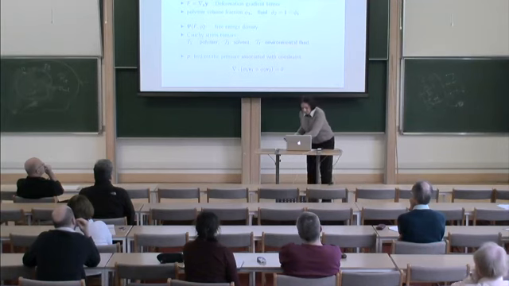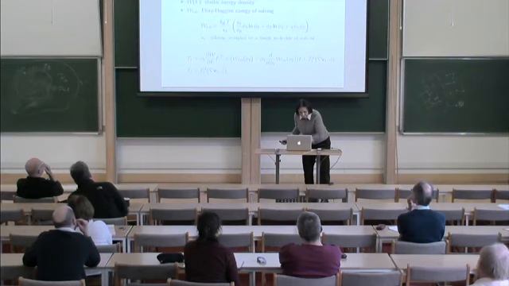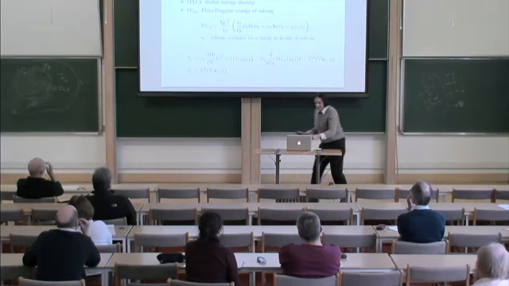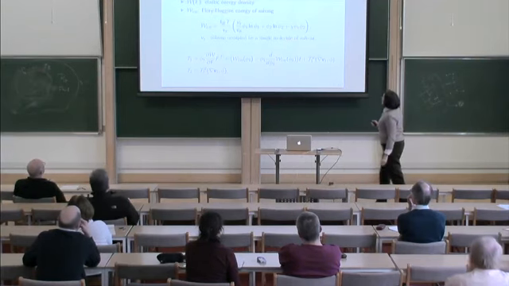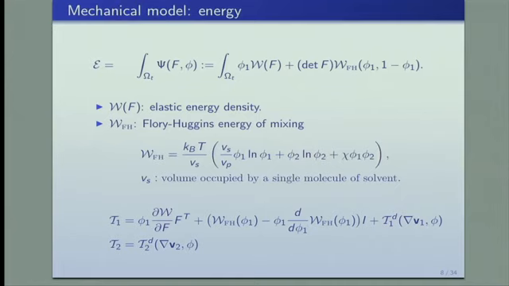But I can make this more specific. This is going to come in a moment. Okay, hold on, is this answering your question? So this energy, so far we are in the mechanical case, still no ions. We have the elastic stored energy function, and this is the mixing energy, which we take to be Flory-Huggins, which gives you the energy of mixing two different components, two different materials.